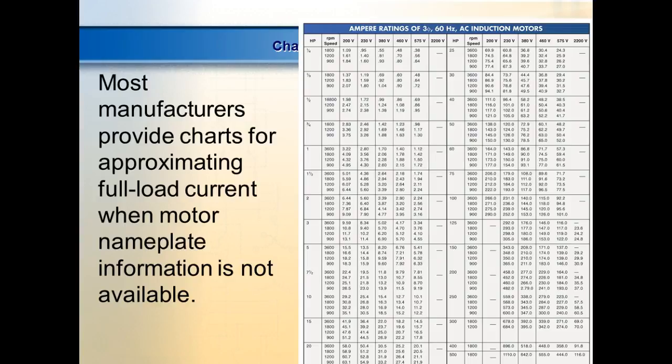It always runs slower, and they call that slip. The less horsepower you have, the less slip you have. The more horsepower you have, the more slip you have. So the speed of the motor is rated for what? At the rated horsepower, at the rated frequency, at the rated voltage, plus or minus this.